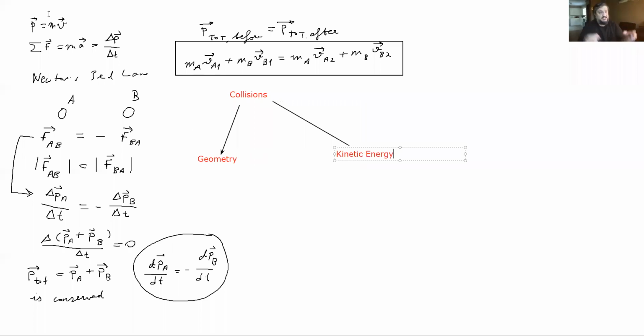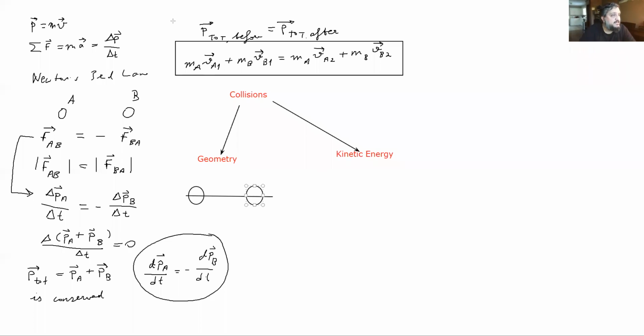Let's say we have just two objects, A and B, like two billiard balls, and they are on a collision course, approaching each other. Or one could be stationary, the other one is approaching. Doesn't matter, depends on what reference frame you're using. If this happens along a straight line, okay, such as this, and I'm going to put the first ball right here, and the second ball right over there. Okay, so that the centers of those balls are perfectly lined up with the line.